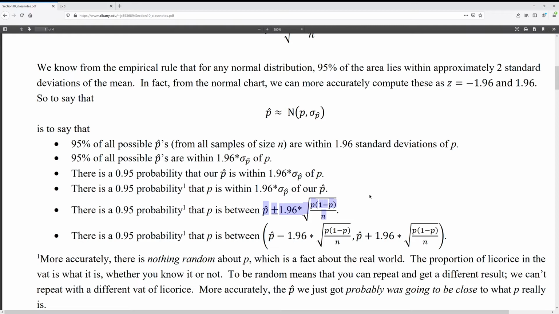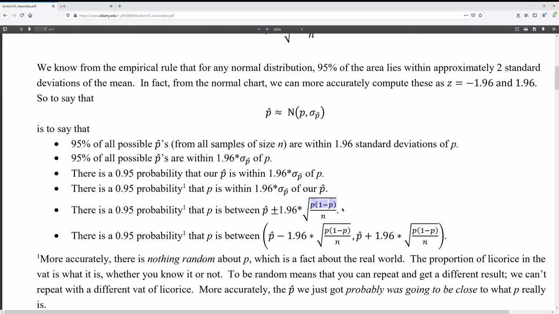We don't know what P is. Therefore, we are incapable of filling these blanks. However, we do have an estimate for P, and that is P hat itself, the 0.4, 40 over 100.